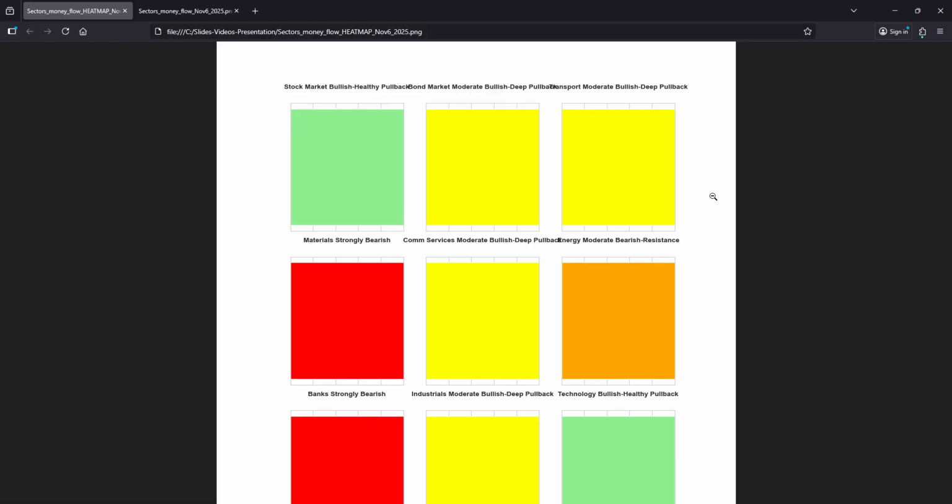The yellow has a deeper pullback of the price level to the 50 EMA. Normally, when a bullish condition persists, you have the 20 EMA above the 50 EMA. And for the really bullish case, the price should be above both these moving averages.